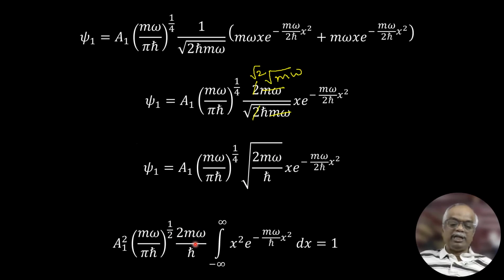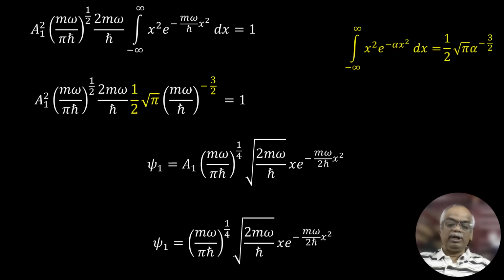So 2 m omega over h cross, integrate between minus infinity to plus infinity, x squared e power minus m omega over h cross x squared dx, because you are squaring it. It must be equal to 1.